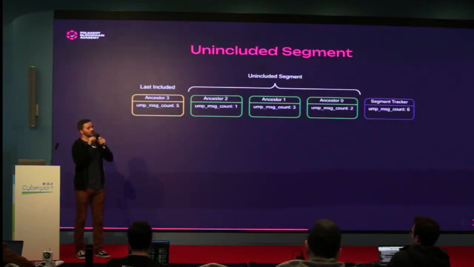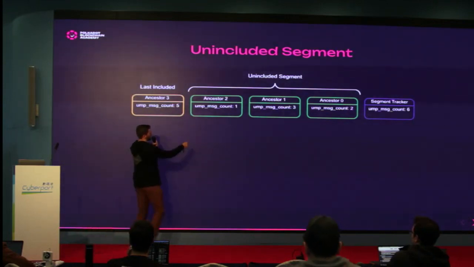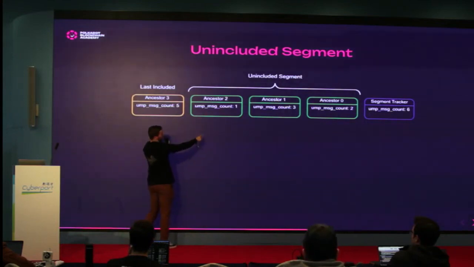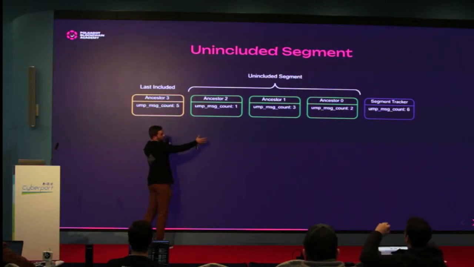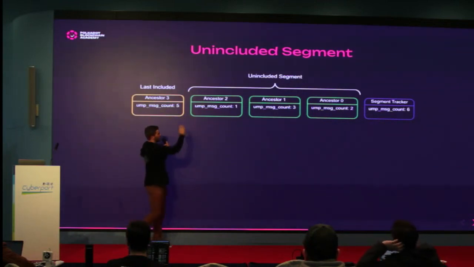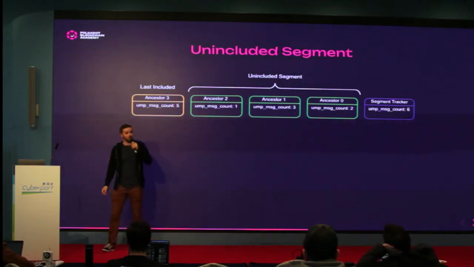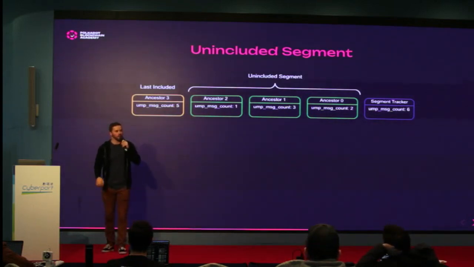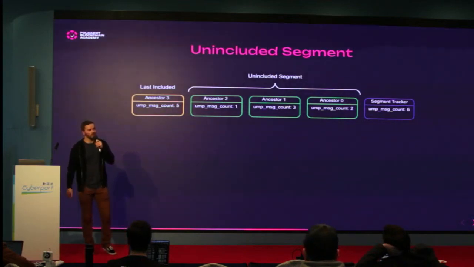And then if for some reason there's another fork of the parachain, another potential candidate, say we had ancestor 2A and then a 2B, and 2B is the one that actually gets included on the relay chain, then this whole unincluded segment, ancestors 2, 1, 0, would all be thrown out as essentially the fork that's behind finality.